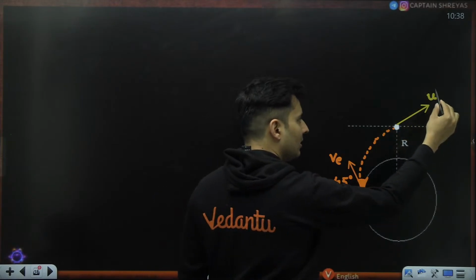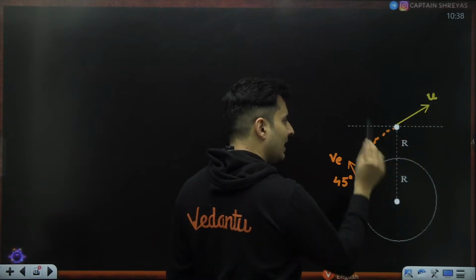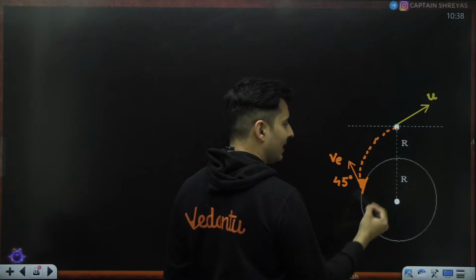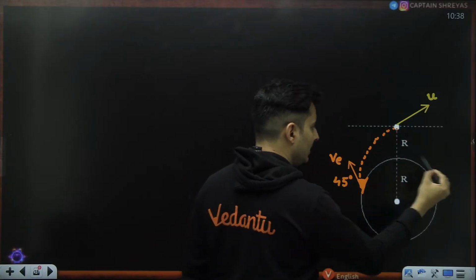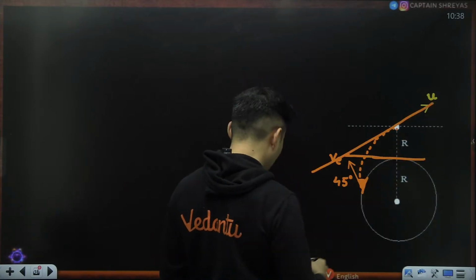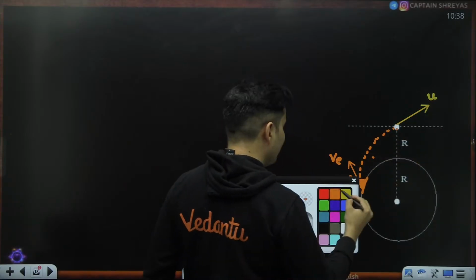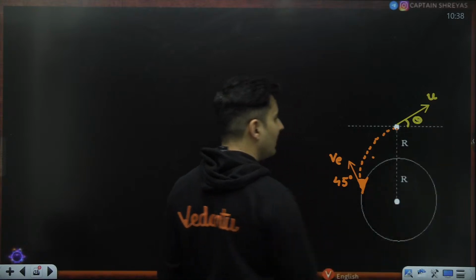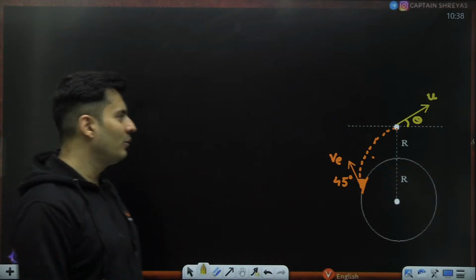Then the velocity makes an angle with the tangent drawn to the surface of the earth below it. That is what is mentioned. Tangent drawn to the surface of the earth means like this. This velocity will make some angle. So that angle which we want to find is basically this theta. It's a beautiful question, guys.